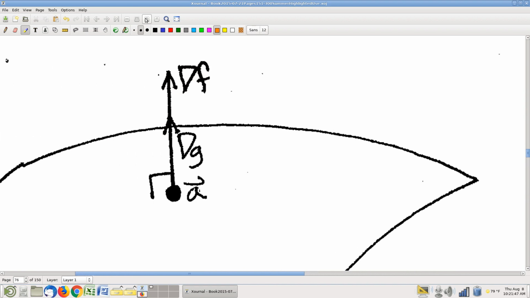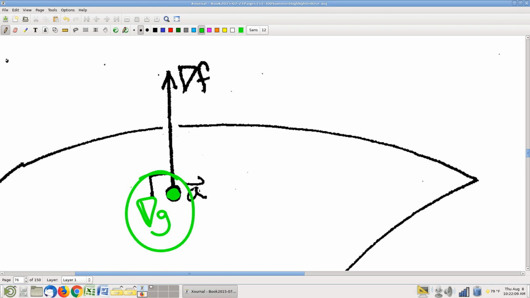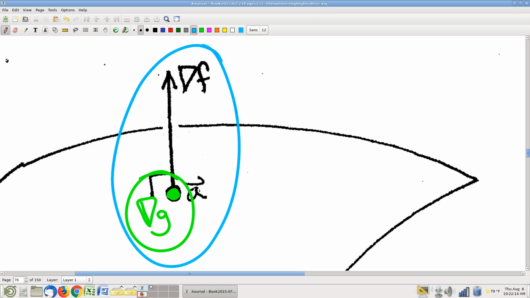So what would happen if the gradient of g is equal to 0? Let me just erase gradient of g from being what I had drawn there. If the gradient of g were 0, and this is our picture of the gradient of g, notice the gradient of f is now not a multiple of the gradient of g. There's nothing you can multiply by 0 to get not 0.